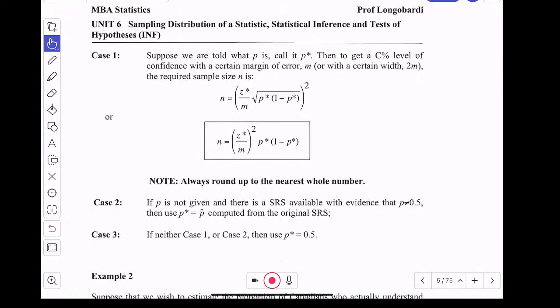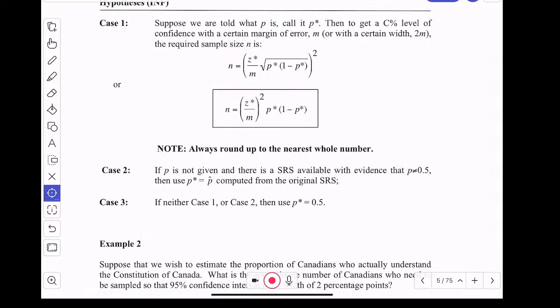Case 2 would be if there's no P given, but you have some information from a simple random sample somebody took before. You have some literature or some associate in the industry took a sample before and you know about it, and you can use their estimate of P hat, provided it's not 0.5.